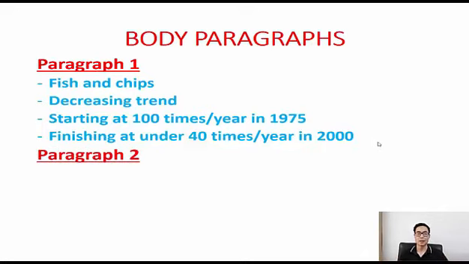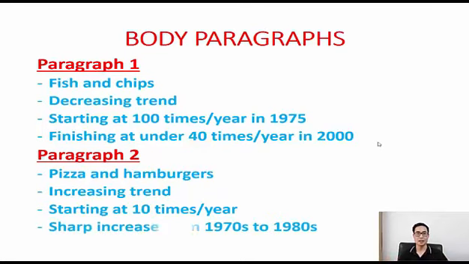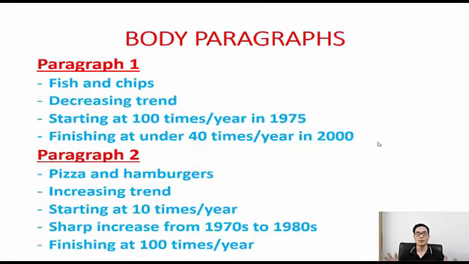Paragraph 2: by contrast with the consumption of chips and fish, the main trend of pizza and hamburgers is increasing. This consumption started at 10 times per year, and then it sharply increased from the 1970s to 1980s, and finally it finished at 100 times per year.